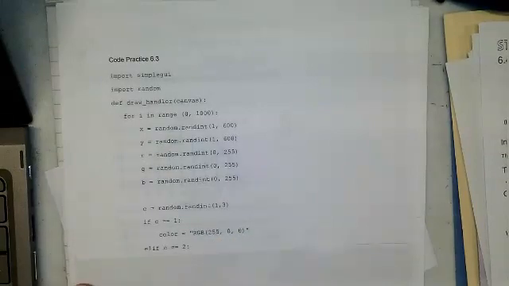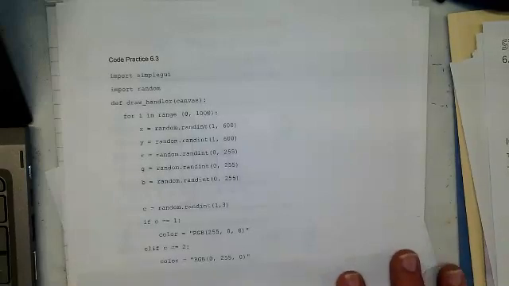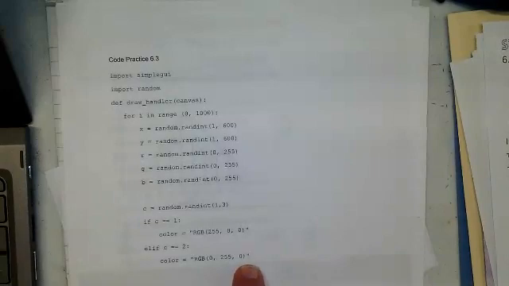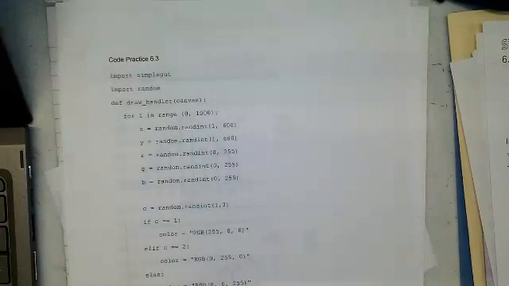Or if c equals 2, well, there's 1, there's 2, there's 3, so we're only doing 3 here. So I want it to be RGB 0, 255, 0. Okay, this is assigning the colors, this to red, this to green, and it makes sense. Else, colon, color RGB 0, 0, 255. So red, green, and then blue.